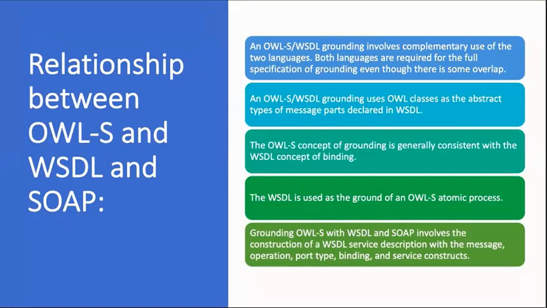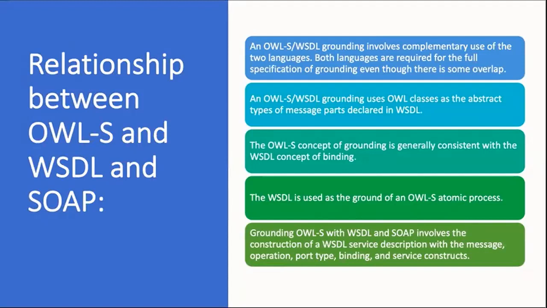Even though there is some overlap, Web Services Description Language specifies abstract types using XML schema, but OWL-S allows for the definition of logic-based OWL classes. In OWL-S to WSDL grounding, OWL classes are used as the abstract types of message parts declared in WSDL.